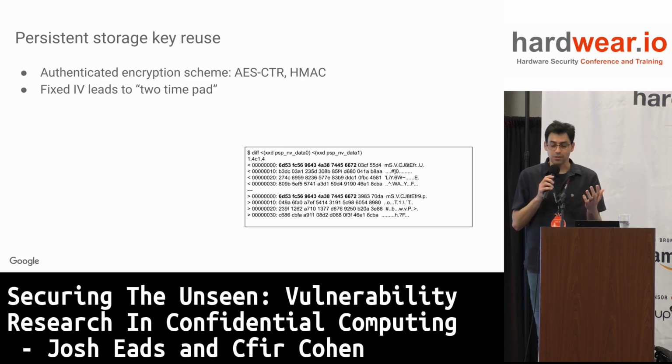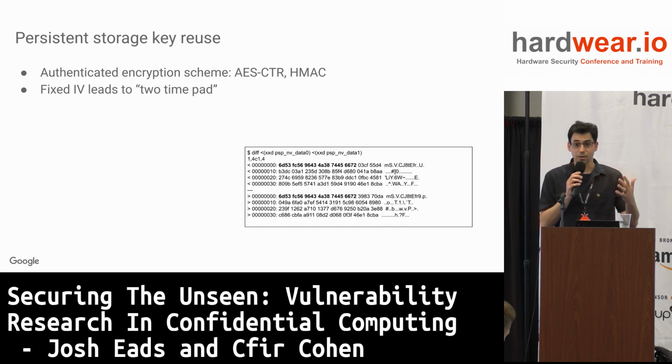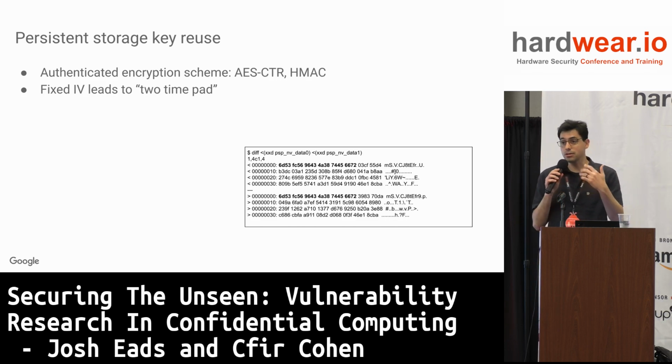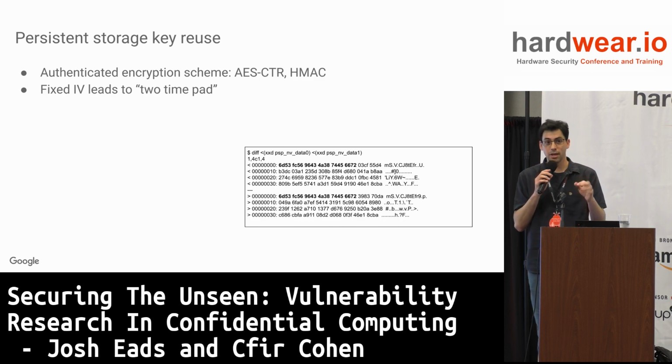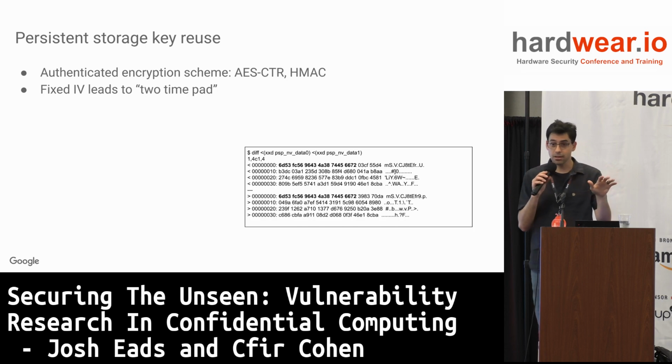So what can you do with this? The first idea is to find ways for the firmware to write known plaintext and store that in persistent storage. Imagine the firmware starts up with an all zeros state, and it writes to external storage. Luckily, the SEV firmware didn't do that.